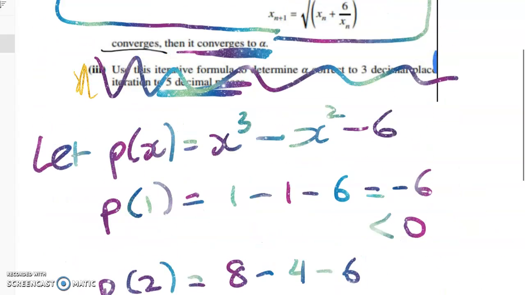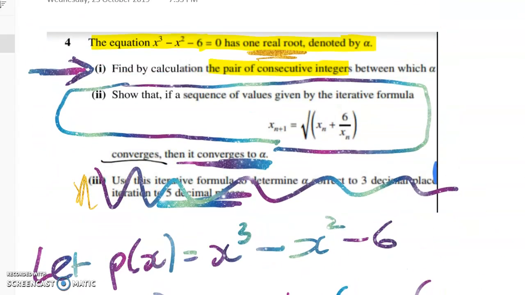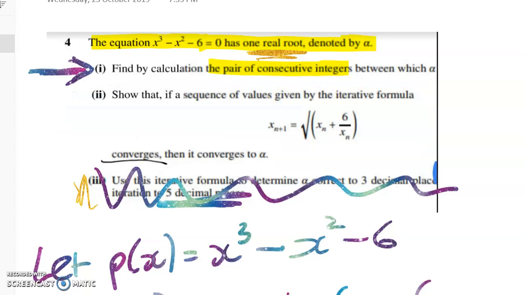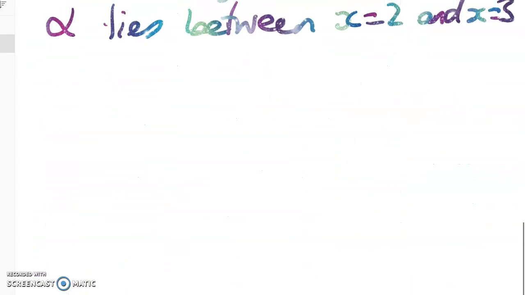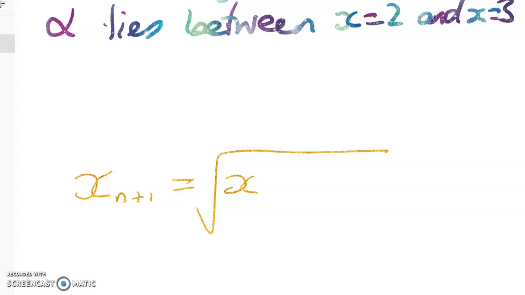So that's all good. Okay, now we have to show that if we take this formula and if it converges, then it's going to converge to the right thing, to the value of alpha up in part 1. So the formula we start with has got x subscript n plus 1 is equal to this, the square root of this plus this.